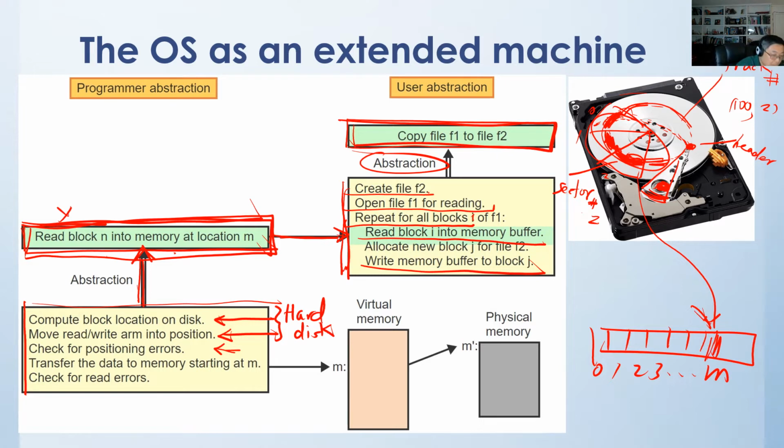So in this particular example, when you actually transfer the data from your hard disk to the memory, starting at the M, you can say, okay, I copy the data from a certain hard disk block to memory starting at the M, right?